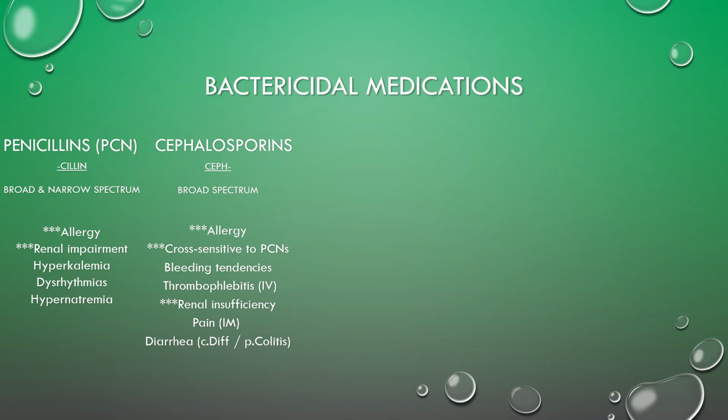So they should not take these either if they have an allergy to penicillin. Renal insufficiency, again, renal impairment. And then you have your other complications, including bleeding tendencies, thrombophlebitis, especially given through the IV route, pain, of course, because of IM administration, and then diarrhea.